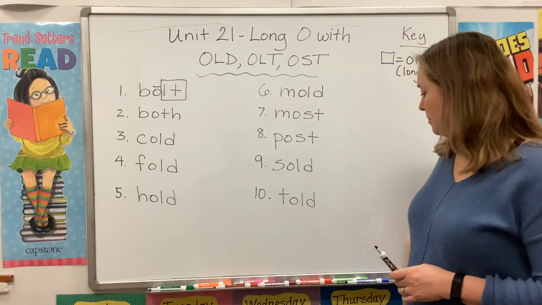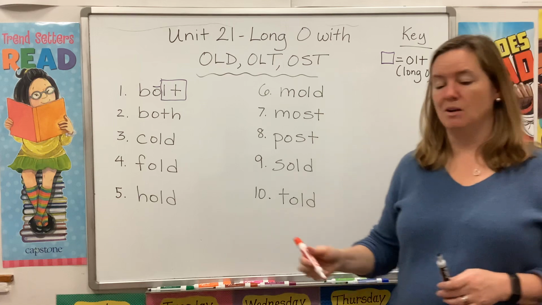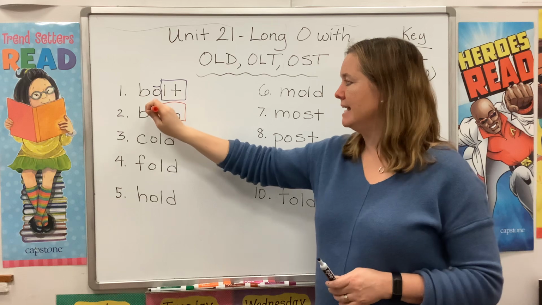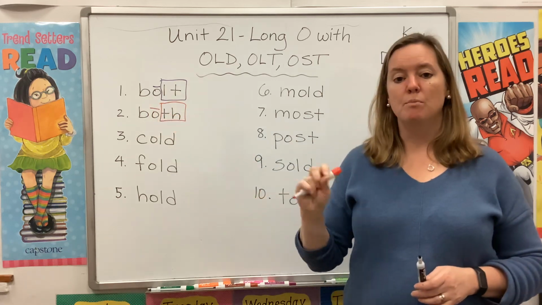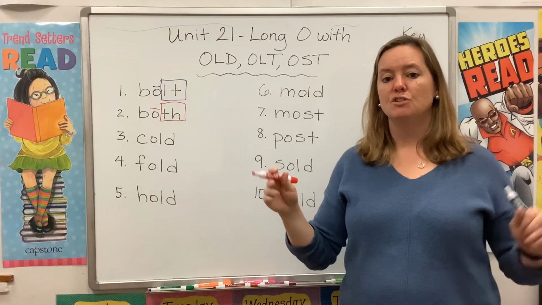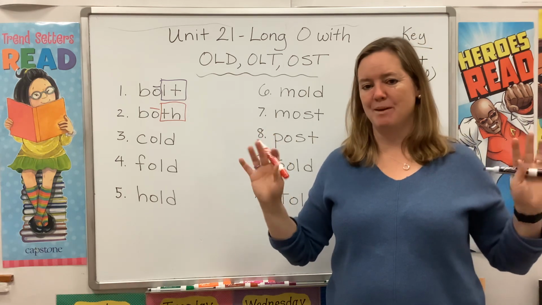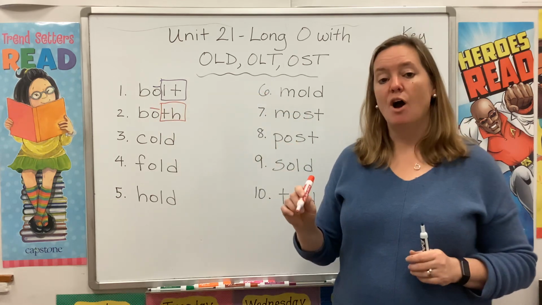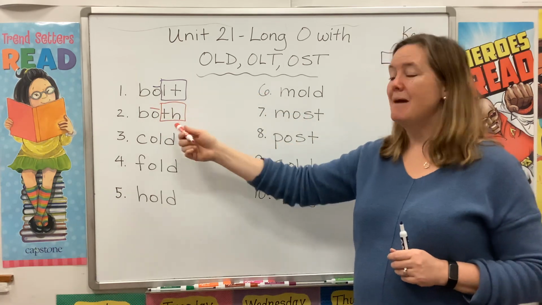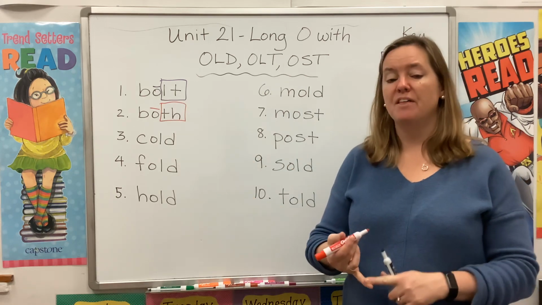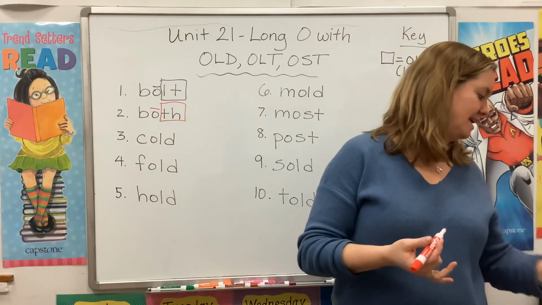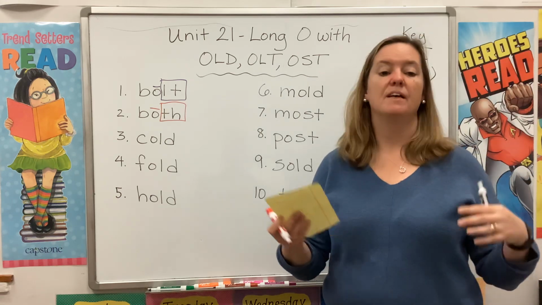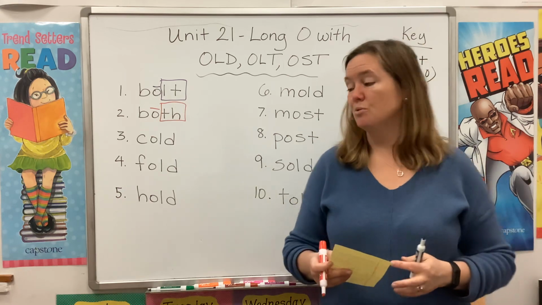Okay, now here's an interesting one. We have O followed by TH. Both means 2, right? I have 2 hands and both of them are waving right now. So in this case, we have a long O. But there are many other words like moth and froth, and I wrote some down, broth, cloth, where the O is short.